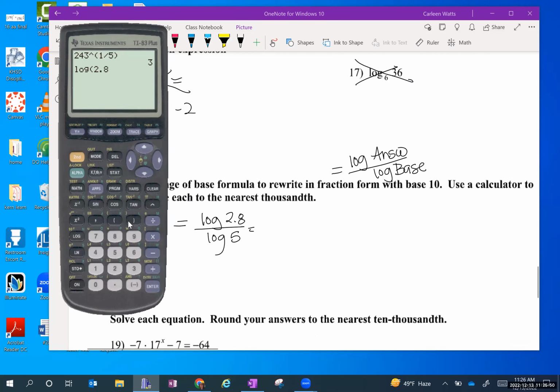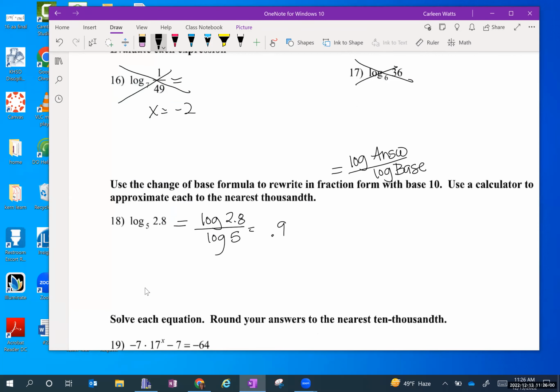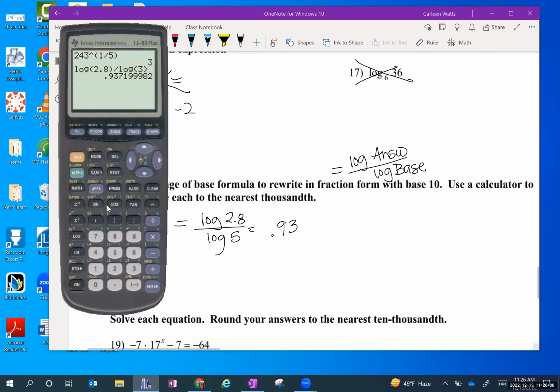Log of the answer, close your parentheses, divided by log of the base. Nine, 3. Oh, it's a 5. Five.